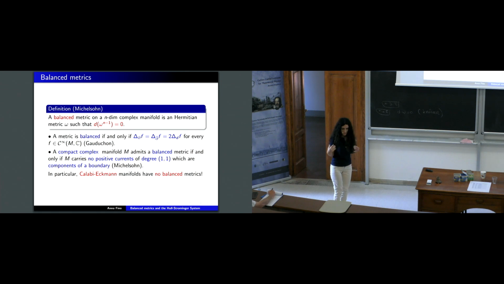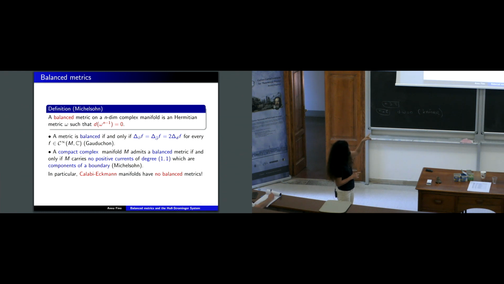Essentially, there is a first result about when a Hermitian metric is balanced. This is a result of Paul Gauduchon, and it's related to the Laplacian associated to the differential d and the Laplacian associated to del and del bar.